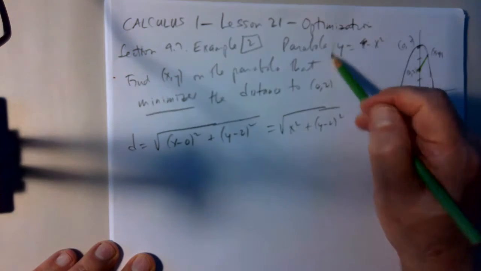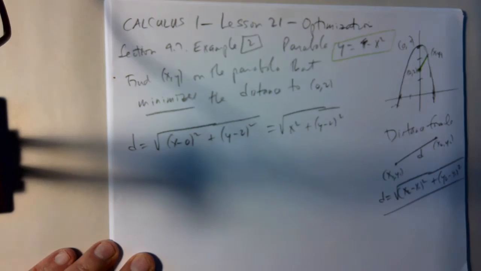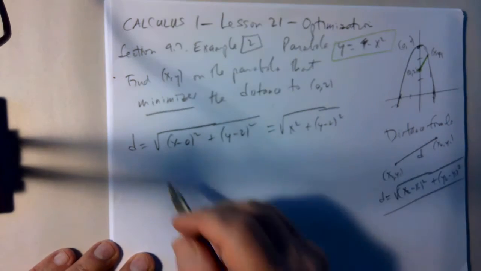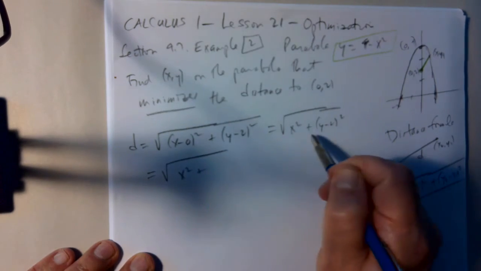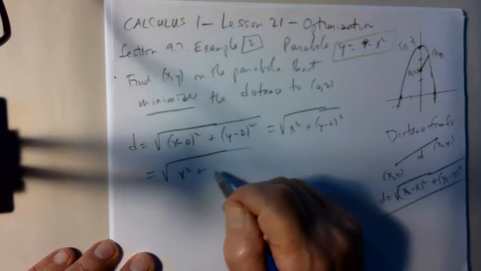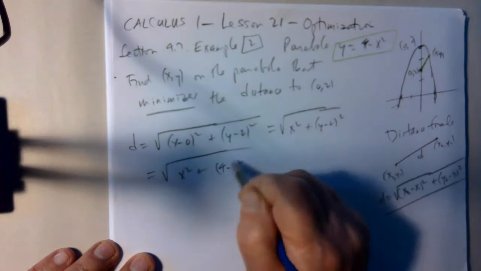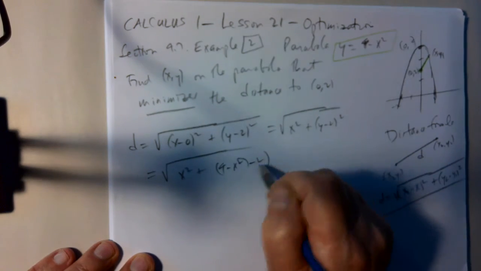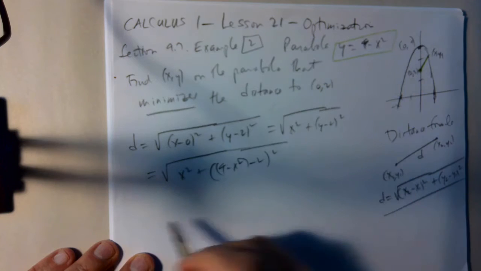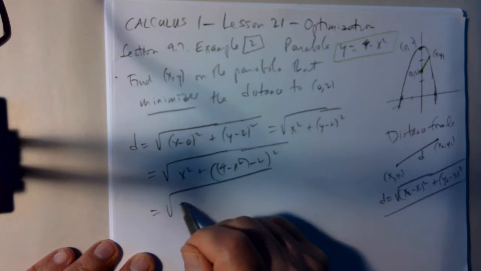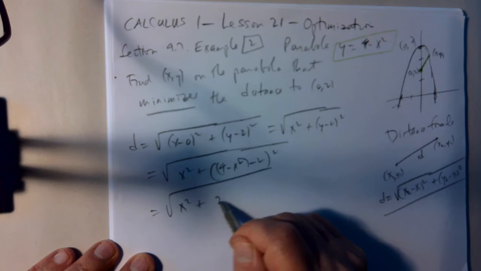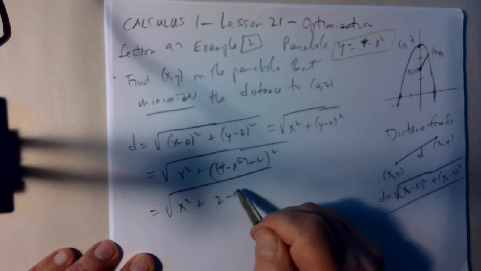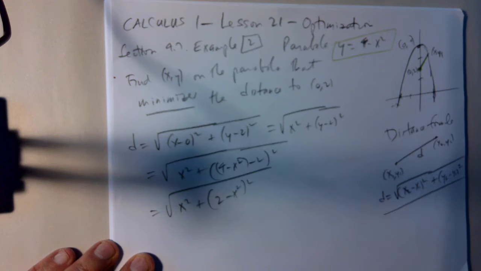But this is the parabola y equals 4 minus x squared. So y is 4 minus x squared. This is the square root of x squared plus, what is y? 4 minus x squared minus 2 all squared. And x squared plus 4 minus 2 is 2, 2 minus x squared all squared.